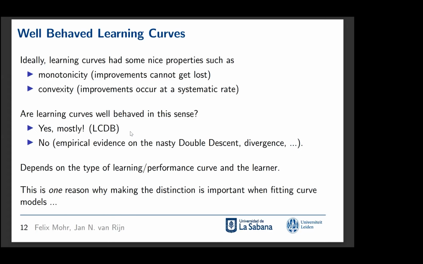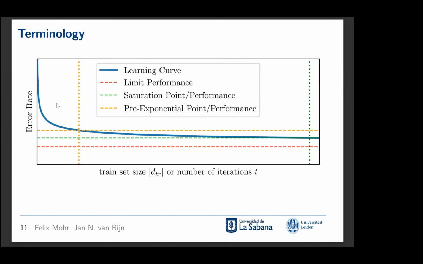And that's an important observation, because that means that if you want to model a learning curve, and we will now see how we can do this, then whether this model is appropriate or not depends really a lot on whether you model an observation learning curve of the first type we saw, or an iteration learning curve, where you do not have a theoretical justification for using the model classes that are typically used for learning curves, that are all of this shape.